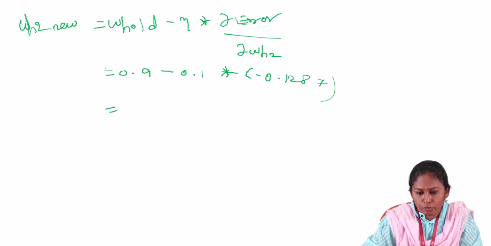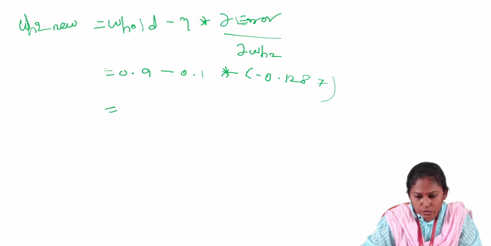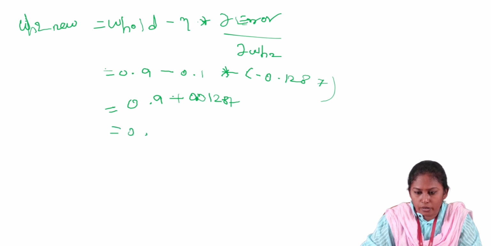Now when we calculate this, it is 0.9 plus 0.01287, so 0.91287. So this is the WH2 new value.